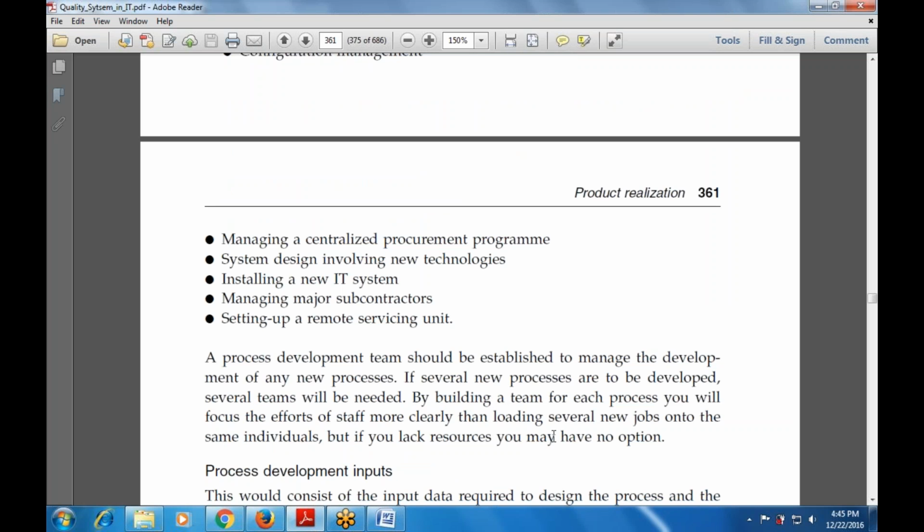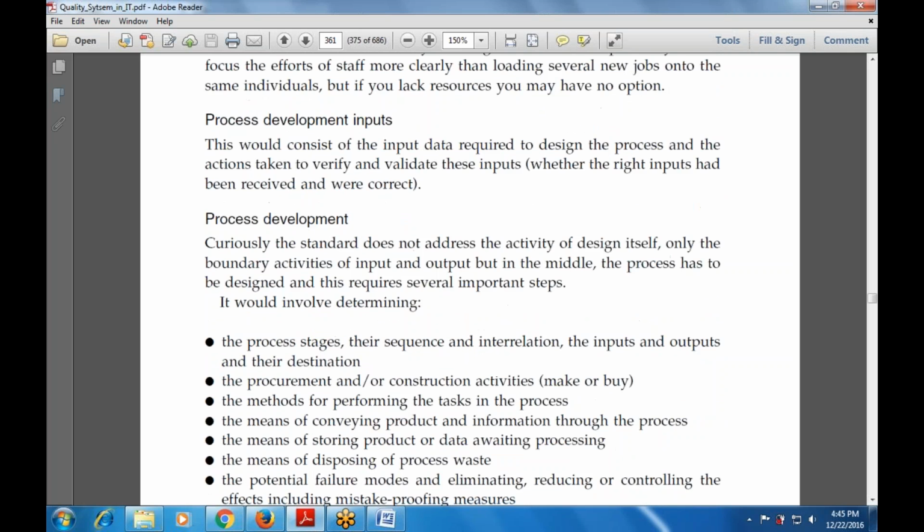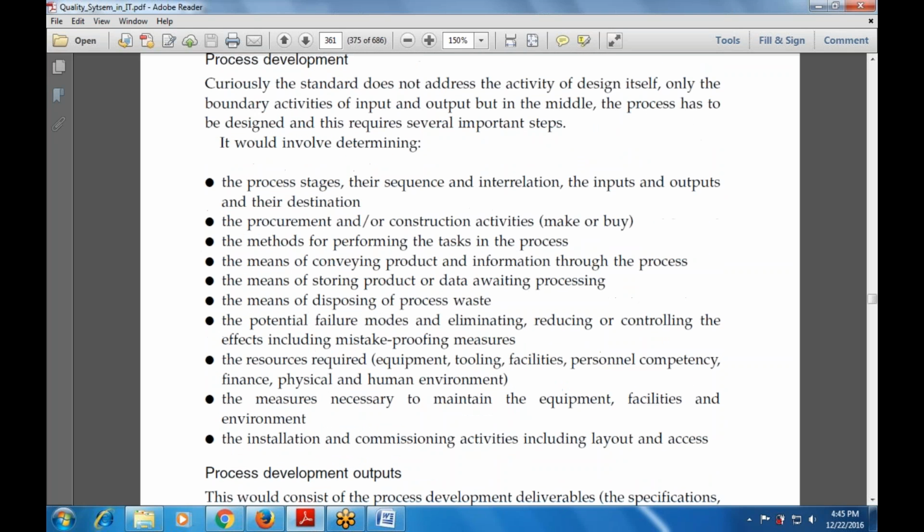By building a team for the process, you will have to focus on the staff, more clearly on loading more jobs onto the individuals if you lack resources. Next is the process design, which is used to address the activity of the design itself.